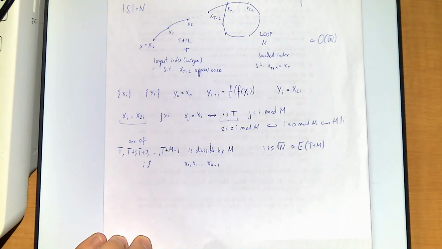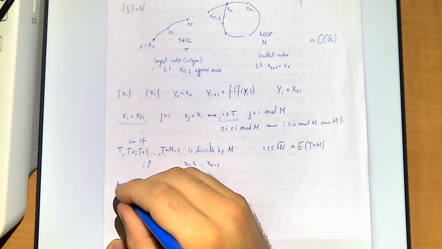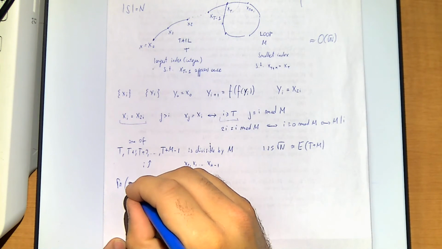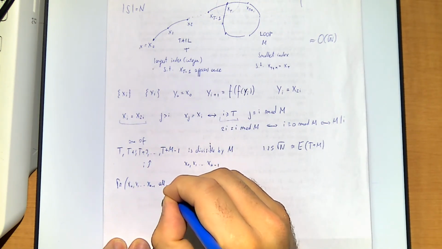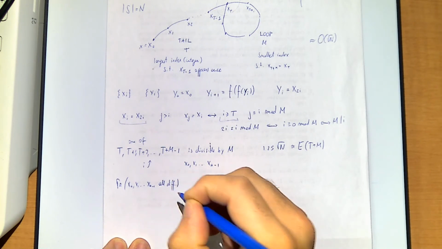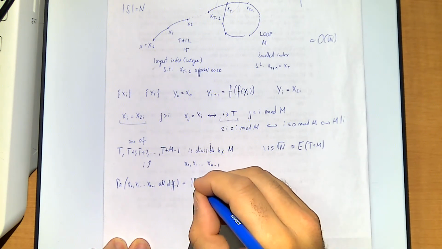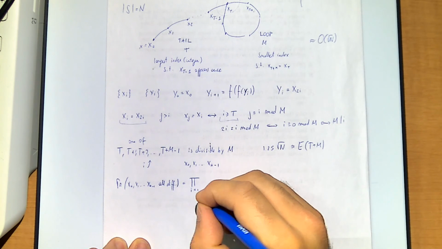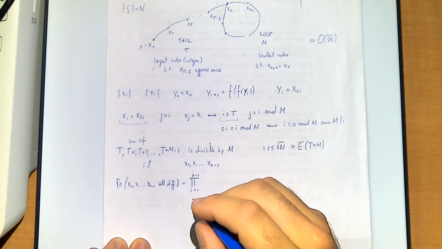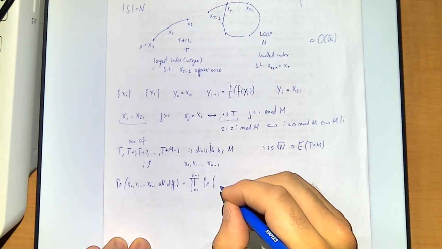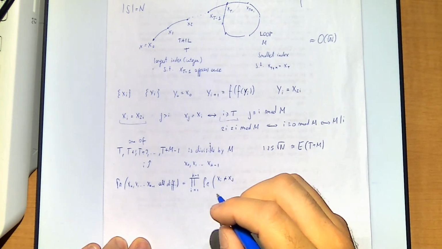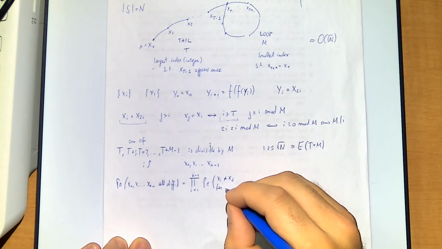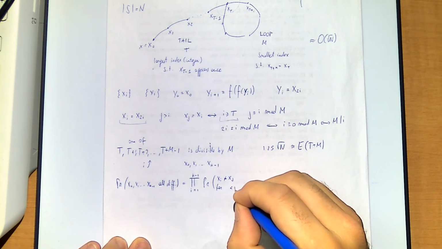If they're randomly drawn, then the probability of x0, x1, up to xk minus 1 being all different is the same as the product from i going from 1 to k minus 1 of the probability that xi is different from xj for j less than i, greater than 0, right?